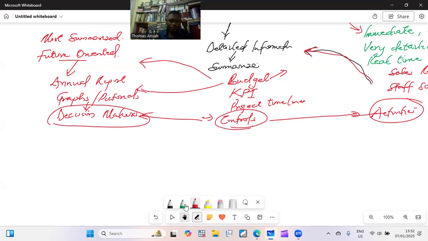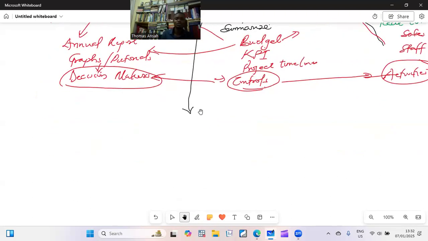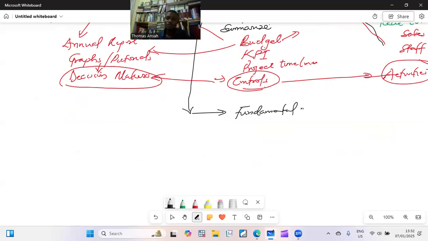So therefore, the information that we are talking about should have some characteristics. So we are going to learn the characteristics of good information. Remember, in accounting, if the information should be of quality, then it has to have the fundamental qualitative characteristics. You remember where we talk about relevance and faithful representation?